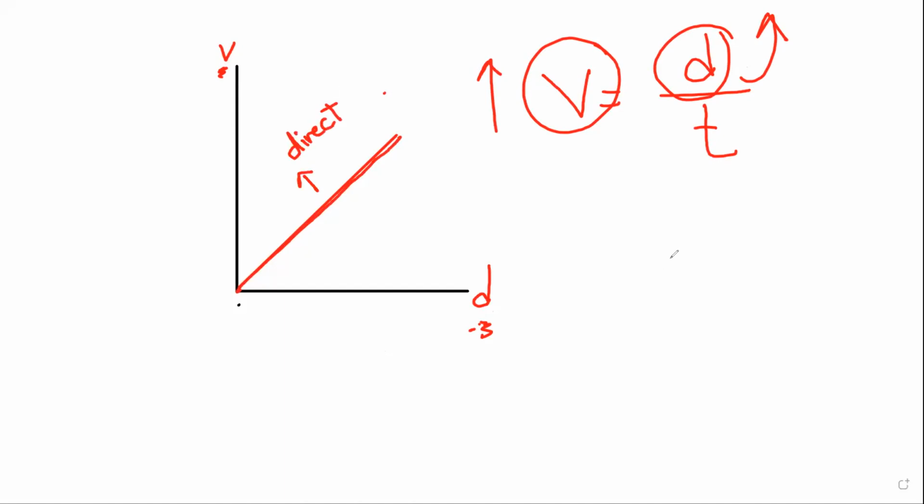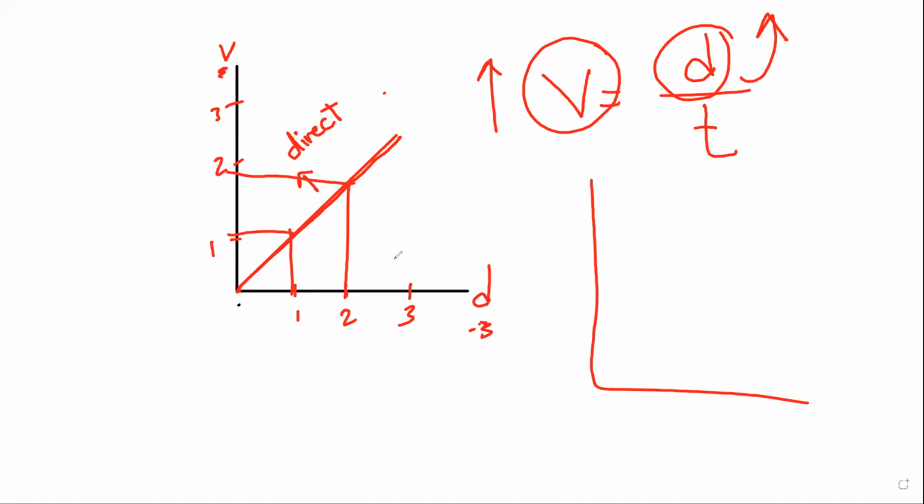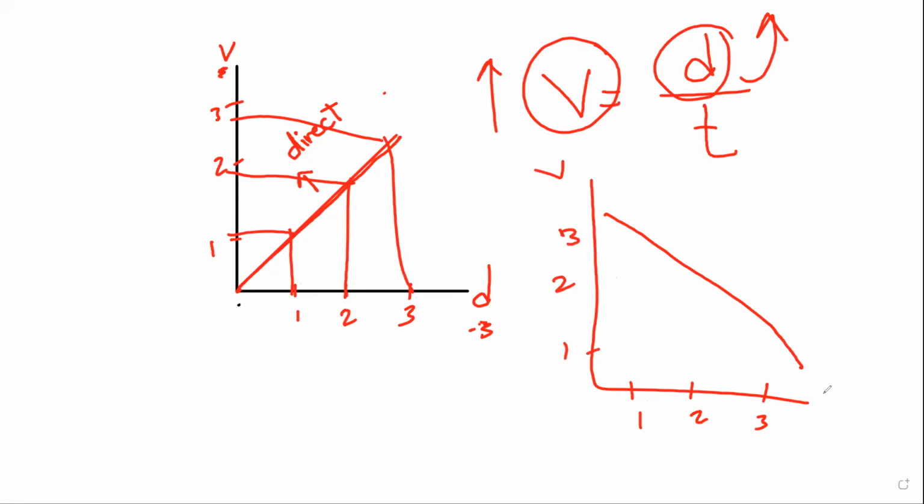How about if I want to draw an indirect relationship? Look here, I'm writing numbers so you will understand it more. 1 increased, it will be 1. 2 increased to 2. 3 increased to 3, and so on. Here I'm going to draw the inversely proportional. It will be velocity and time.